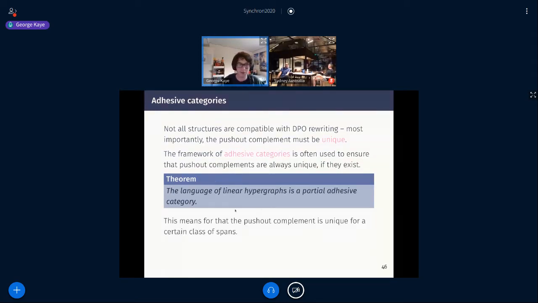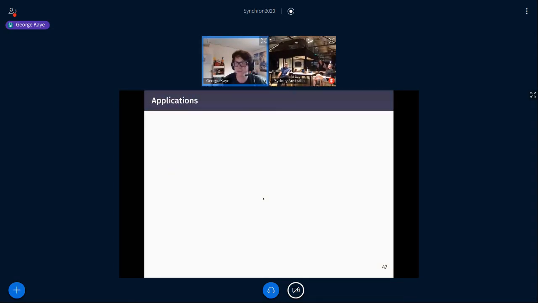This means that the pushout complement is unique for a certain class of spans, and fortunately that includes our rewrite rules. So that's it. We know that we can always do this pushout complement construction and then achieve the right-hand side of our rewrite rule.